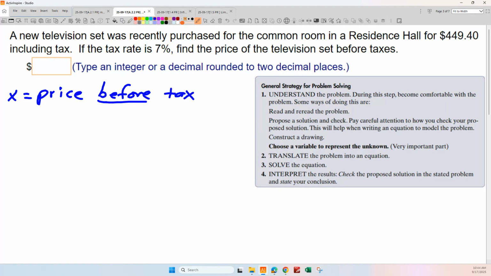I know this might seem unnecessary, but writing that down is so important because then when you're going through the process of trying to convert this into an algebra equation, it's right there in front of you. You can always look back and be reminded what that variable represents.